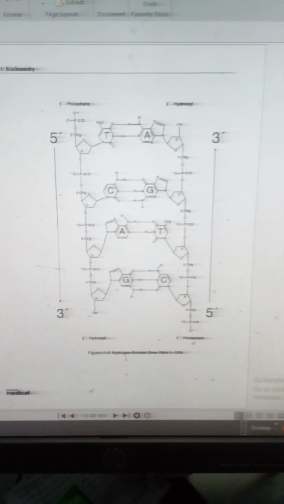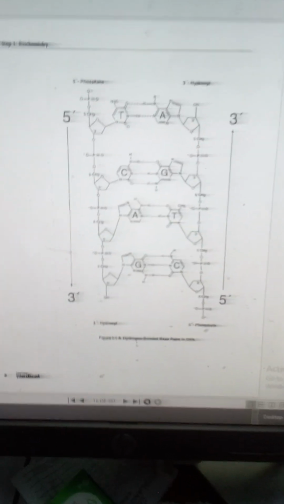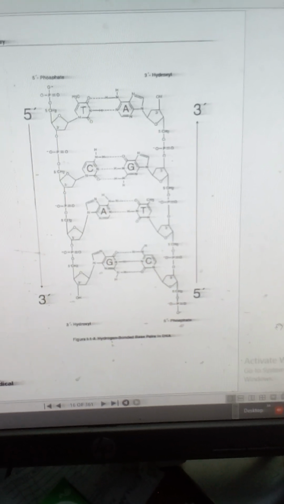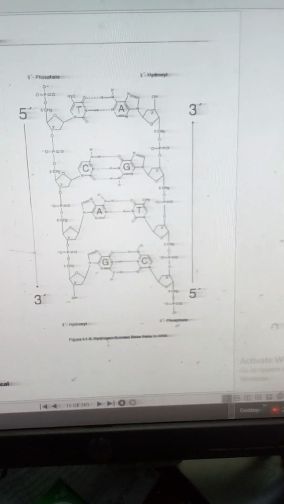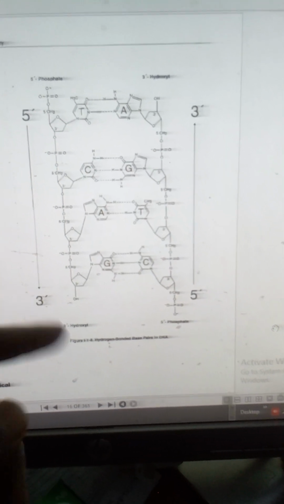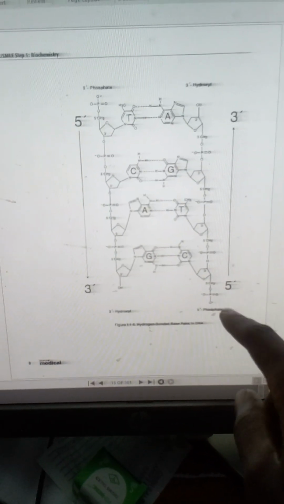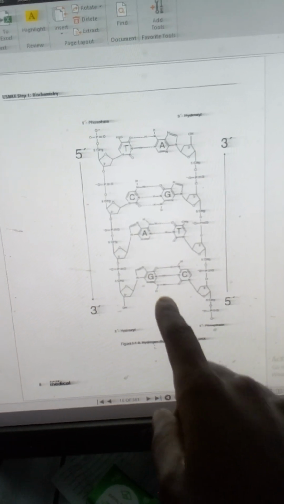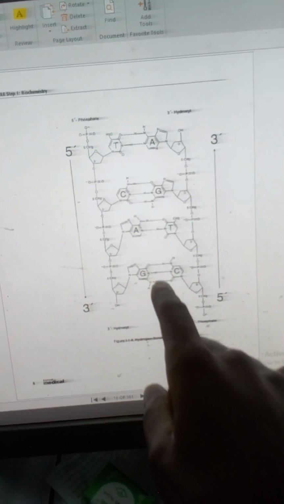By double strand, we mean that we have one strand on the left, and we have another one on the right. They are held together by what we call hydrogen bonds running in between.